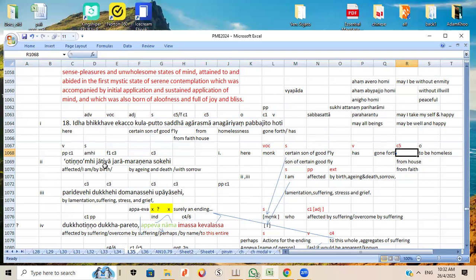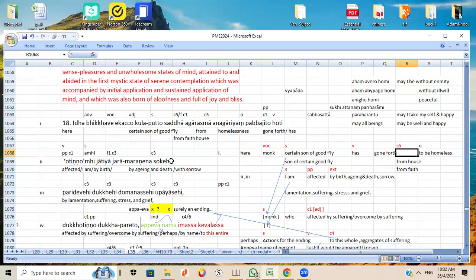Jati is birth. Jara is aging. Marana. That means you see this compound is instrumental: by birth, aging, and death. Okay.